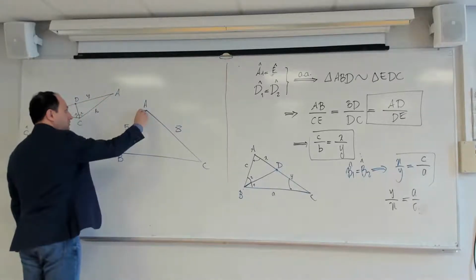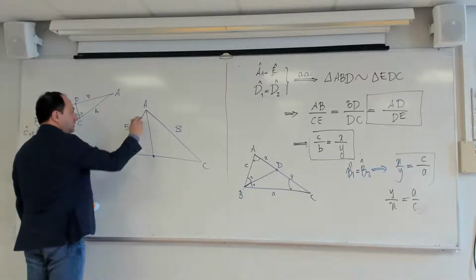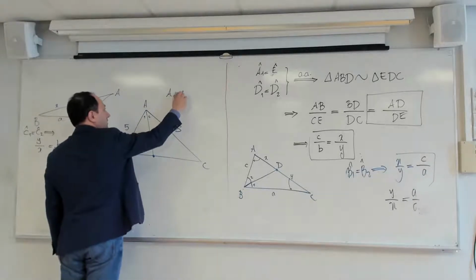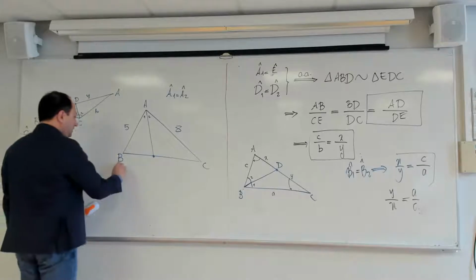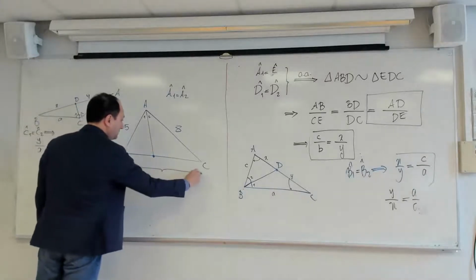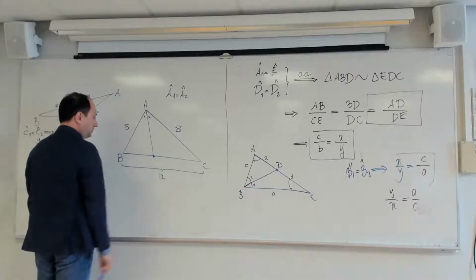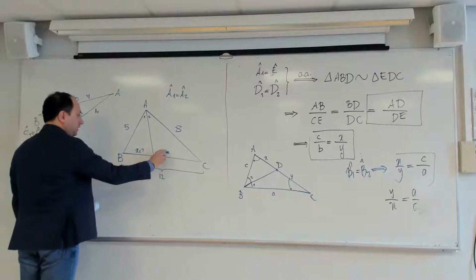And then I draw the bisector, for example, from here. It will intersect here. So this is A1, A2. I give you this fact, assume that A1 is equal to A2. And I also give you the whole BC to be 12. And now I am asking you to find X, and I ask you to find Y.